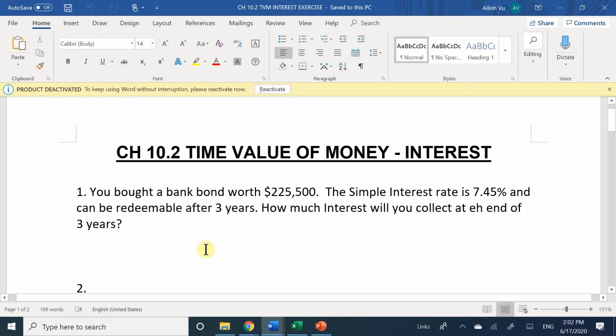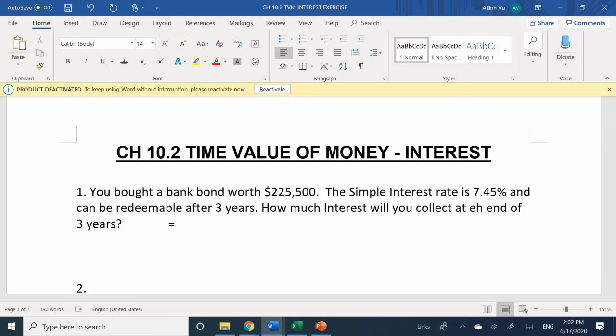$50,399.25. How did you do that? Take the principal, the $225,500, times the percentage rate, times 3 years. What was your percentage rate? Well, what is the actual number? 0.0745.